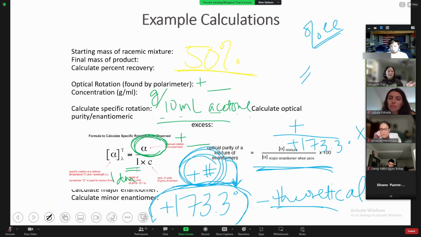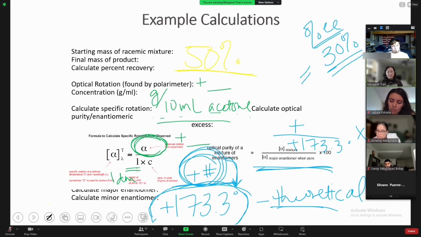I just like having it named percent EE because it basically says what it is in the name. For example, if you get 30%, like how that pre-lab question was, if you have 30% EE, that means that you have 30% more of one enantiomer than a mixture that is racemic.